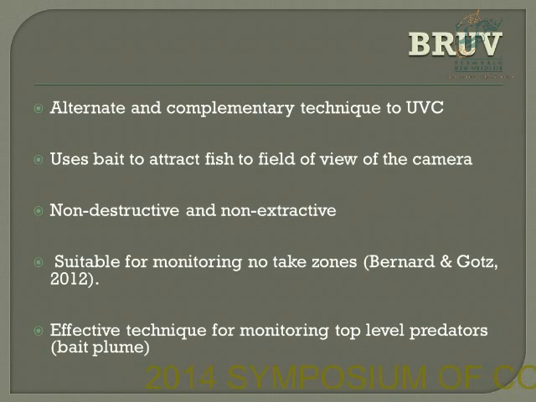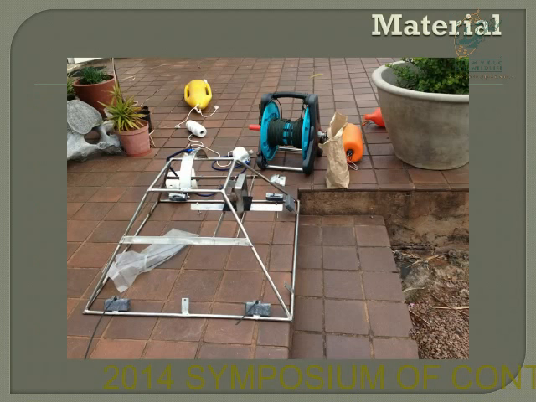So BRUV is not completely different from these methods too. It is an alternative and is complementary to these developments like UVC. The only difference is that in BRUV we use bait to attract fish, and it is non-destructive and non-extractive. So it is suitable for sampling in no-take zones where you will not disturb our fish communities, and it is an effective technique for monitoring top-level predators.